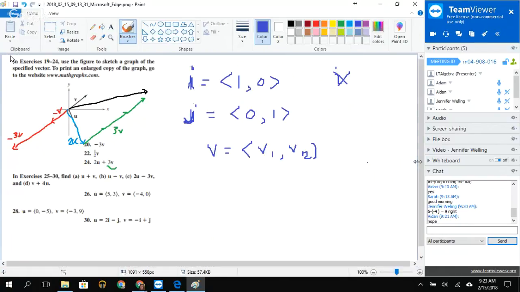Say our vector was like the last problem, 5, 3. This is one way that we can write our vector. Another way that we can write our vector is by using these unit vectors to represent the direction, and then we have a scalar that we're multiplying by it.